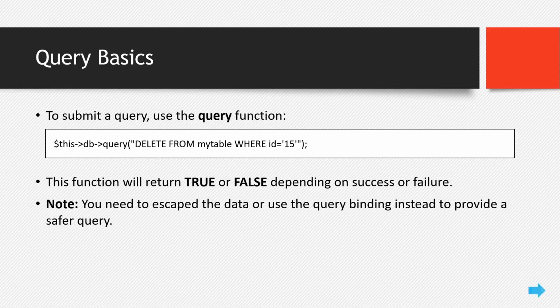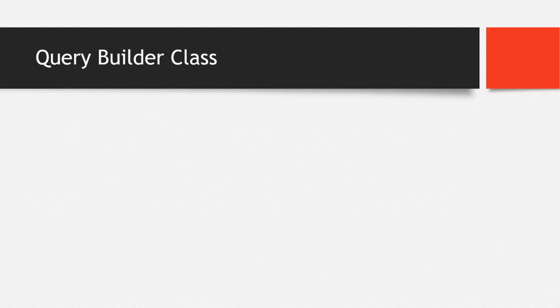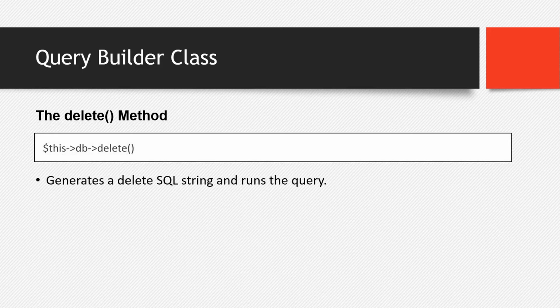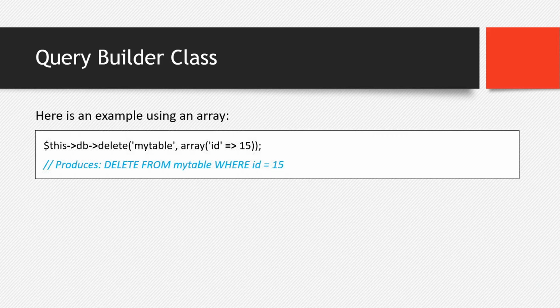Okay, then the next way is yung query builder class, which is we're going to utilize the delete method. Okay, so it generates a delete SQL string and runs the query. So we have here yung sample natin. We just need to call yung method, this db delete. Then the first parameter will be the table name.